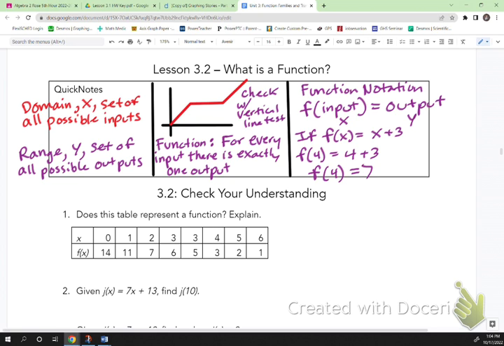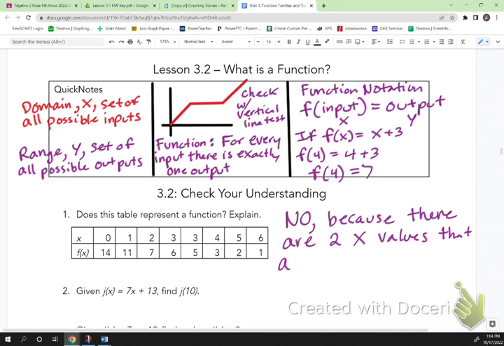In number 1, it says, does this table represent a function? No. Why? Because there are 2 x values that are 3.